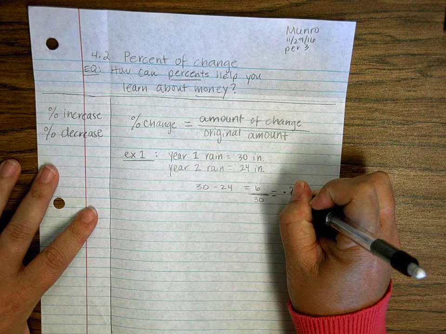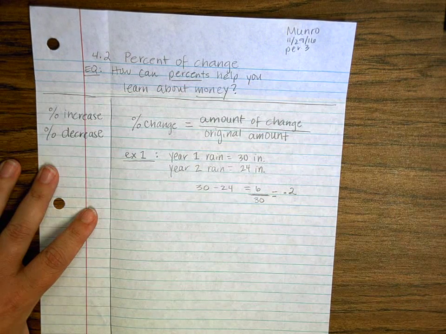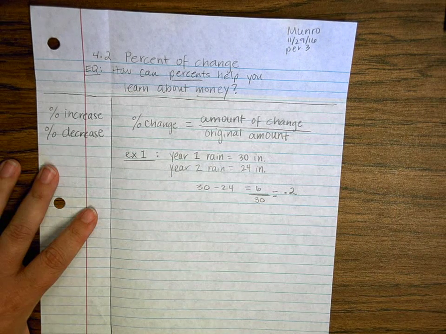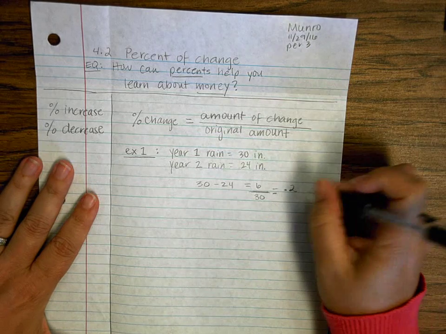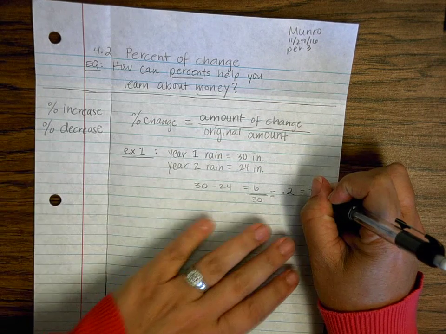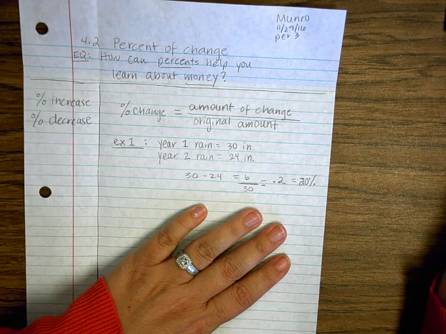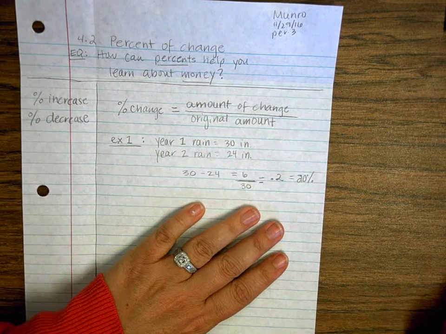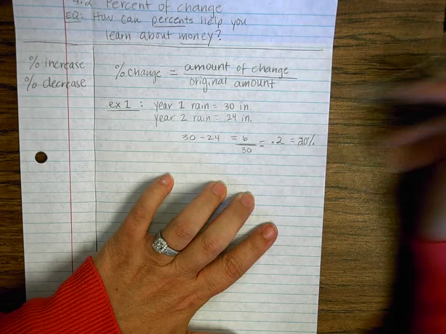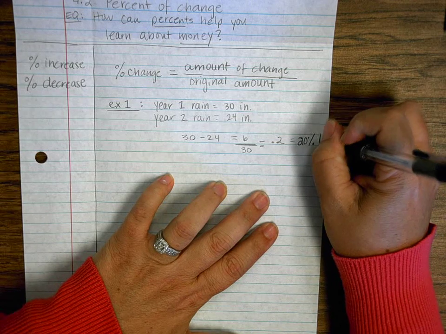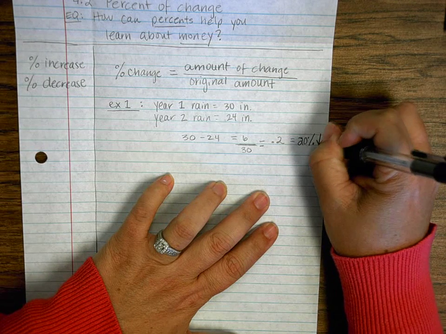So what is that as a percentage? 20%, not 2%, right? So we write 20%. And we should also say, is it an increase or decrease? Decrease, so you could put an arrow going down for decrease.